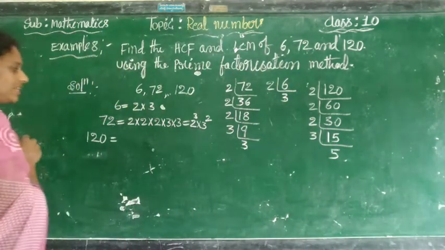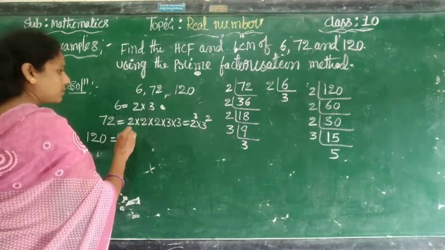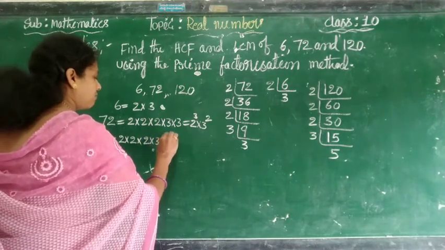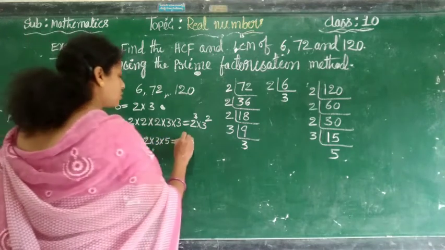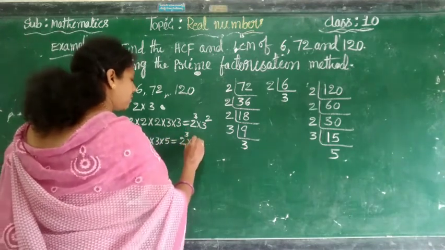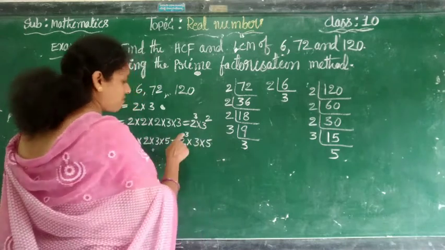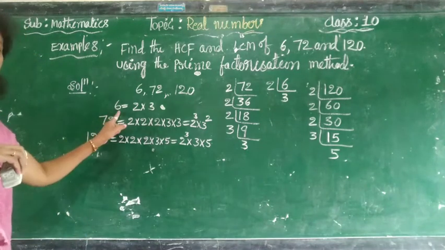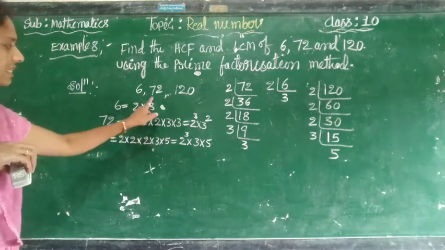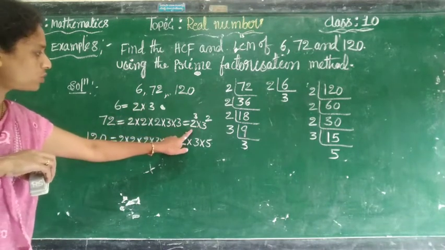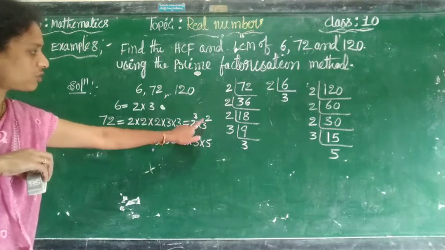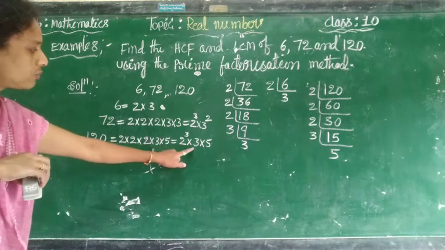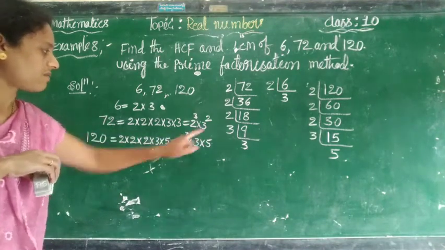So 120 we can write as 2 into 2 into 2 into 3 into 5, which is 2 to the power of 3 into 3 into 5. Once again, 6 is 2 into 3, 72 is 2 to the power of 3 into 3 to the power of 2, and 120 is 2 to the power of 3 into 3 to the power 1, 5 to the power 1.